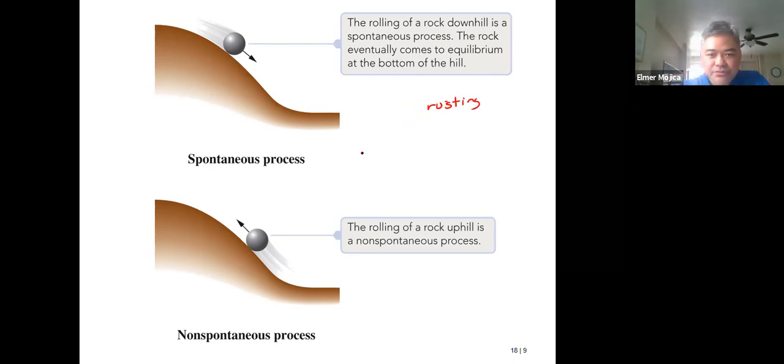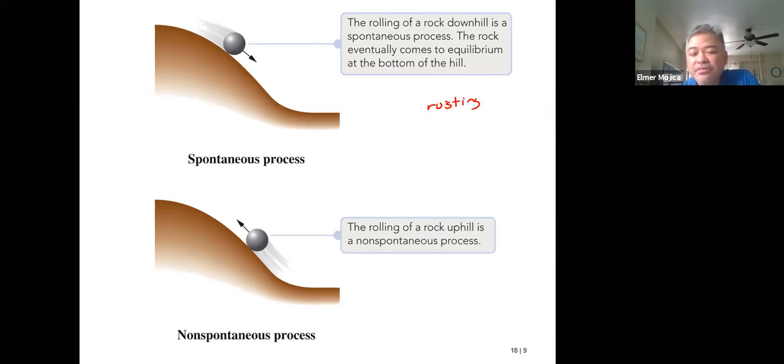Corrosion just starts with a little dot, and then all of a sudden the whole place is corroded. That's another spontaneous process. Some spontaneous processes can happen fast, some a little bit slow. The only way for you to prevent them is maybe to put some inhibitor to slow down the reaction or apply other outside intervention.